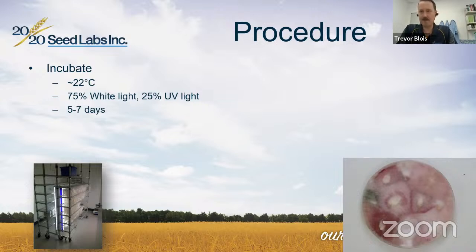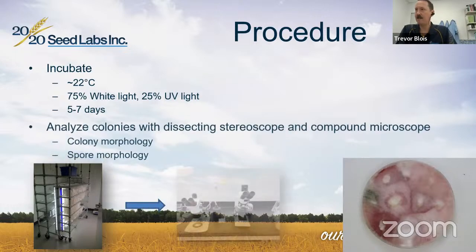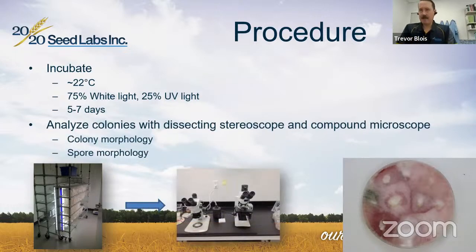Then they grow for 5 to 7 days, like I said. After that, we look at the colonies under a dissecting stereoscope and a compound microscope. We look at what the colonies look like, what the color is, and if we need to, we'll look at the spores to determine the exact species.